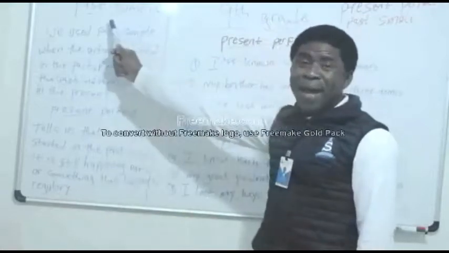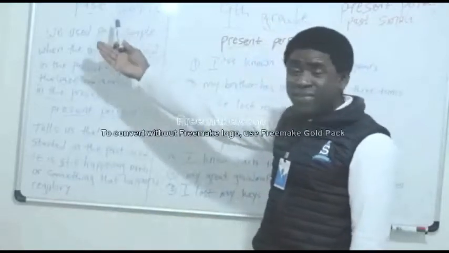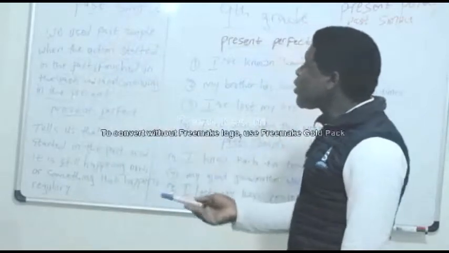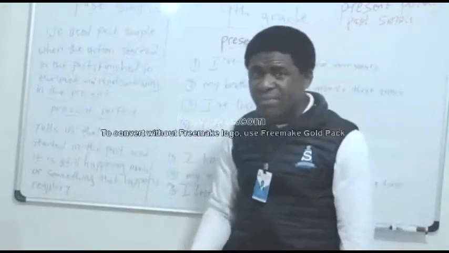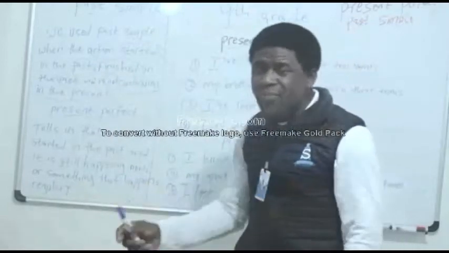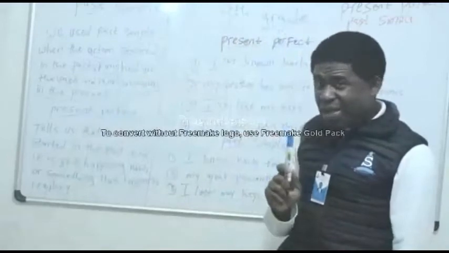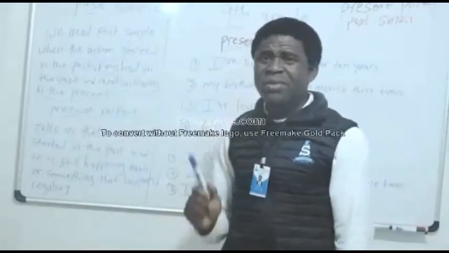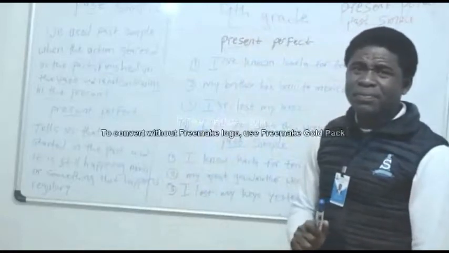When we talk about past simple and simple past, they are the same thing. We are talking about an action that started at the past, it finished at the past, and is not continuing in the present. That is past simple.